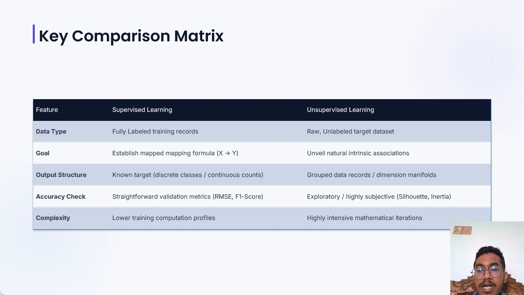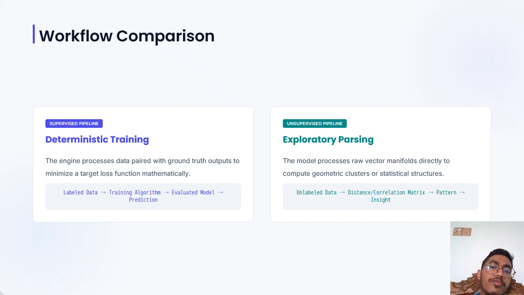In the unsupervised learning model, there is no fixed target; the data set is unlabeled, and it uncovers natural structure and groups data by association. In the supervised workflow, first we label the data, then train the algorithm, and after that evaluate the model prediction. In the unsupervised model, first we leave the data unlabeled, then it is automatically grouped by correlation matrix, then pattern, then insight.